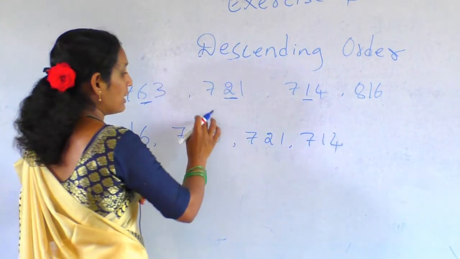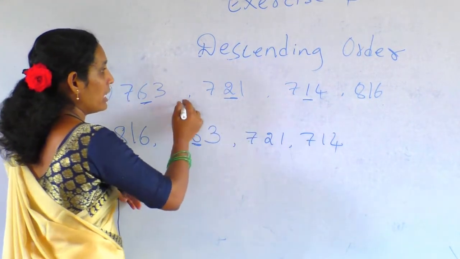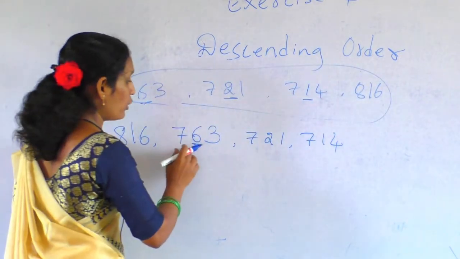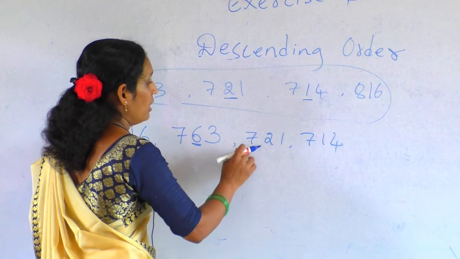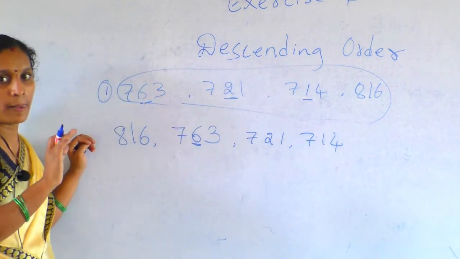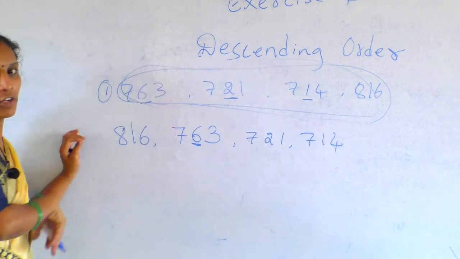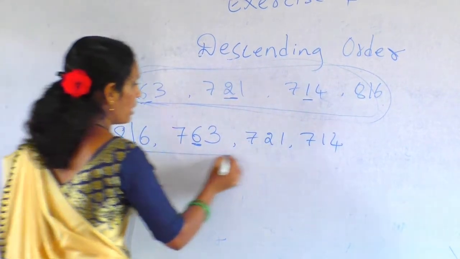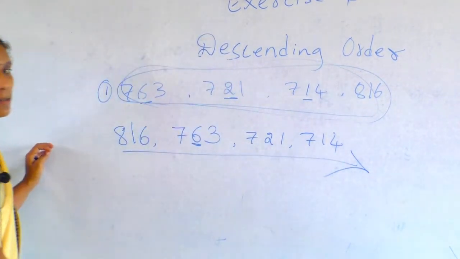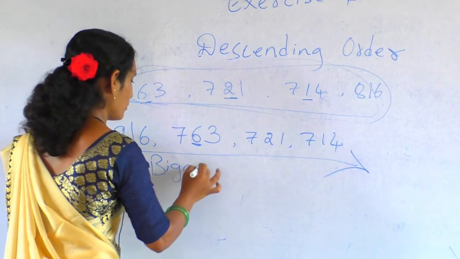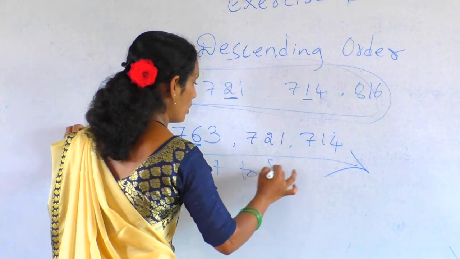Before means the next number. Here only we should find the next number among these numbers. This is biggest to smallest.